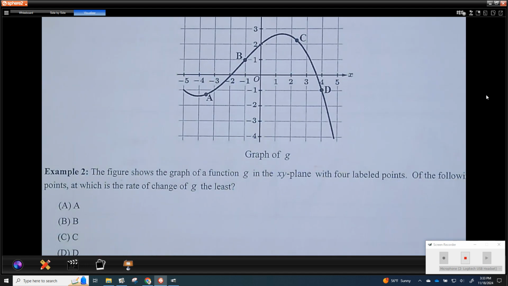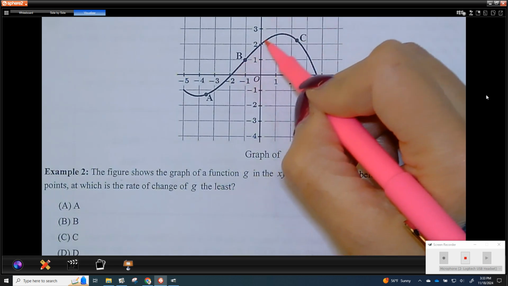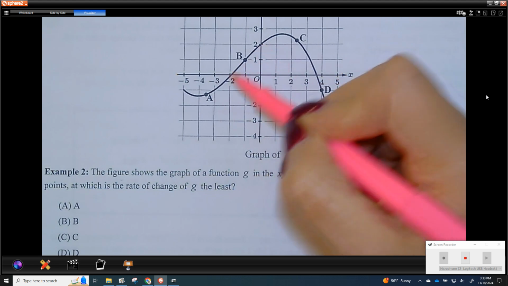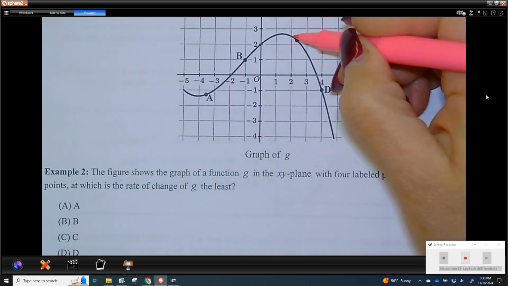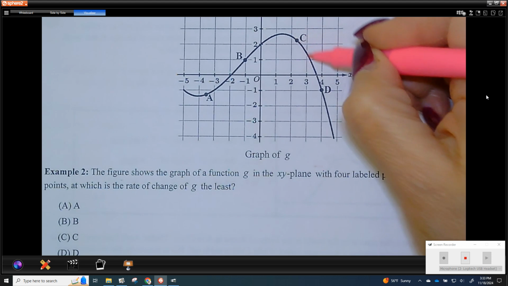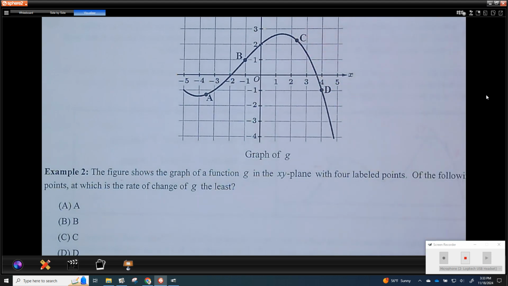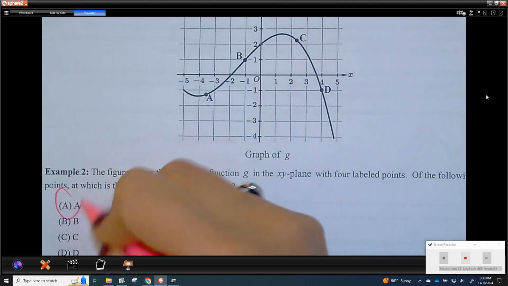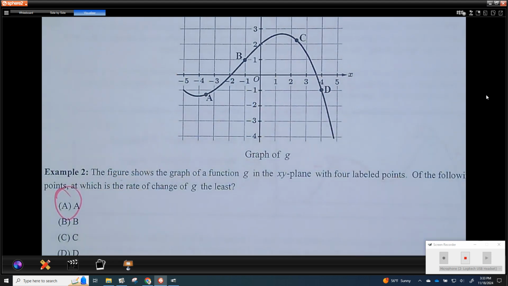The figure shows a function g. Of the following points, which would change the least? So B is pretty steep, A is not as steep, C is going down but not as steep as D. So changing the least, I would say, is A. I'm going to get my folder just to make sure, because A is not steep at all.